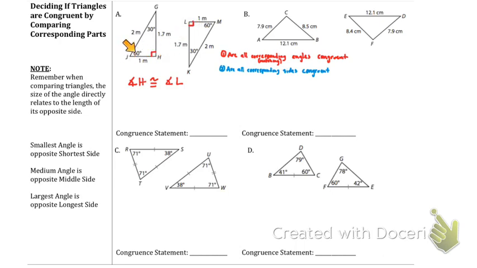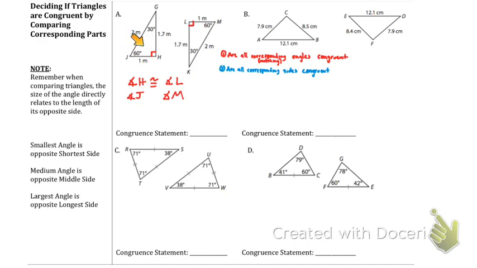And it's very important that you choose the correct angle. So angle J's matching part, based on what I see in the drawing, looks like it's going to be angle M. So we now know angle J matches with angle M. We just have to check the measurements.